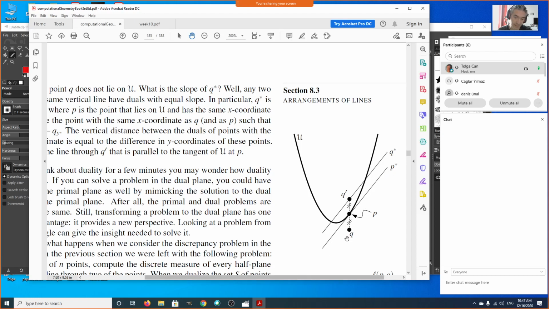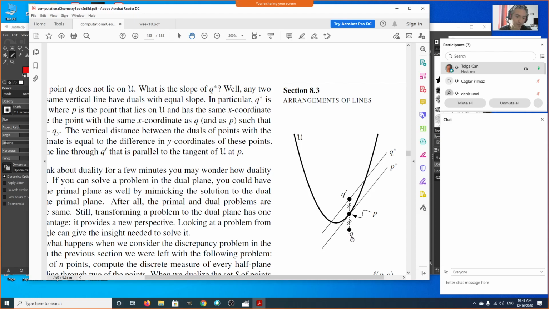It actually intersects the line at the negative y coordinate. So if your point is on the parabola, then the tangent at that point on the parabola becomes your dual line. If your point is not on the parabola, you just draw a vertical extension to intersect.